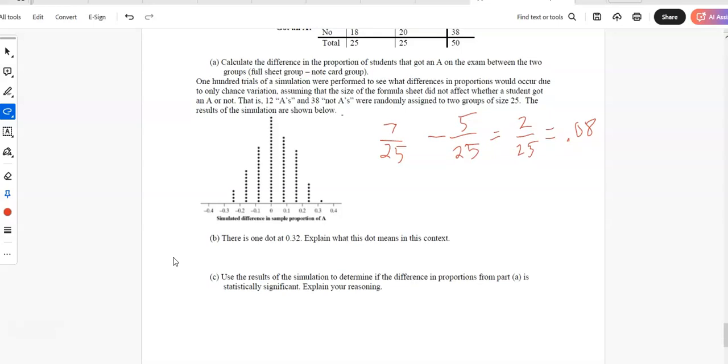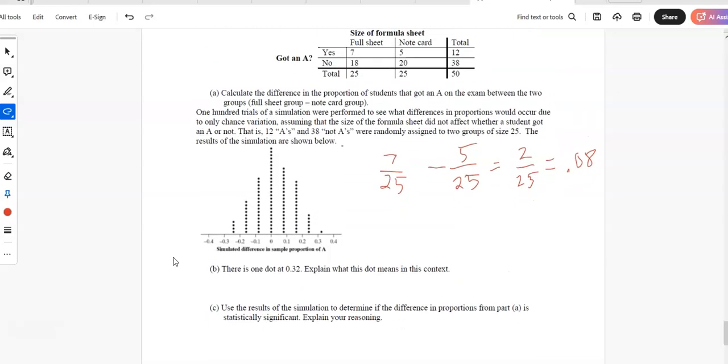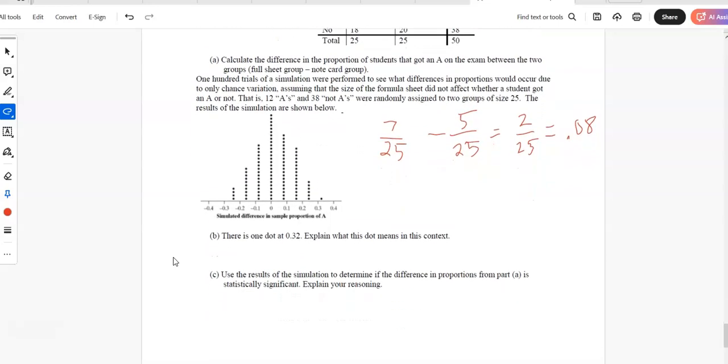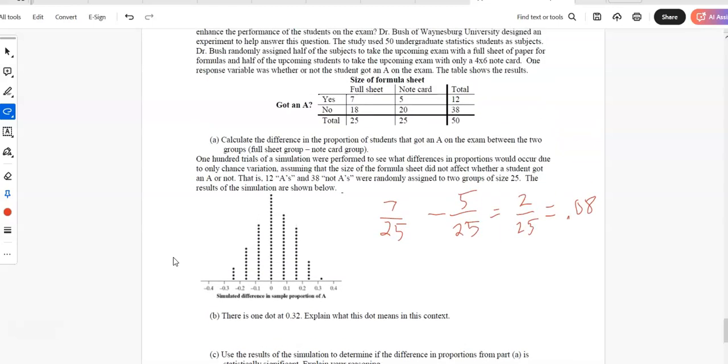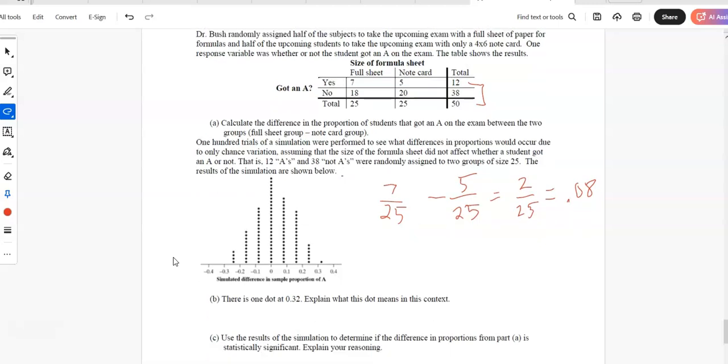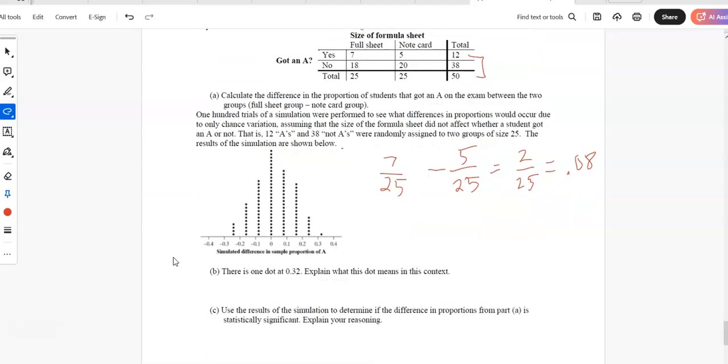Okay, so 100 tries of a simulation, there you go, was performed to see which differences in proportions would occur only by chance variation, assuming the size of the formula sheet did not affect whether a student got an A or not. So if we look at just the overall 12 out of 50 or 24%, that simulation is saying if it's a 24% chance for either one, there's still going to be some variation there.